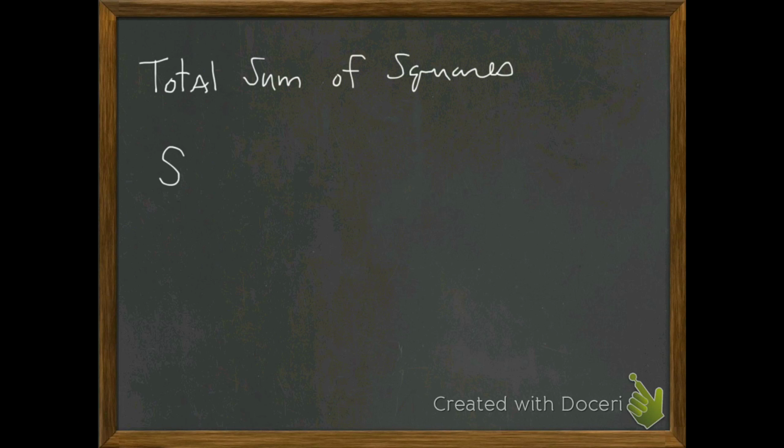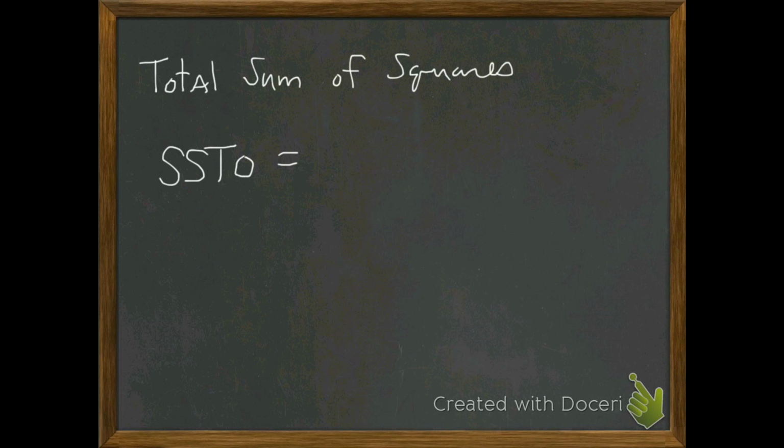And ultimately what we've done is we've looked at the sum of the vertical distances squared. Well, guys, that leads me into what we call the total sum of squares for a regression. So guys, we call this sum of squares total.